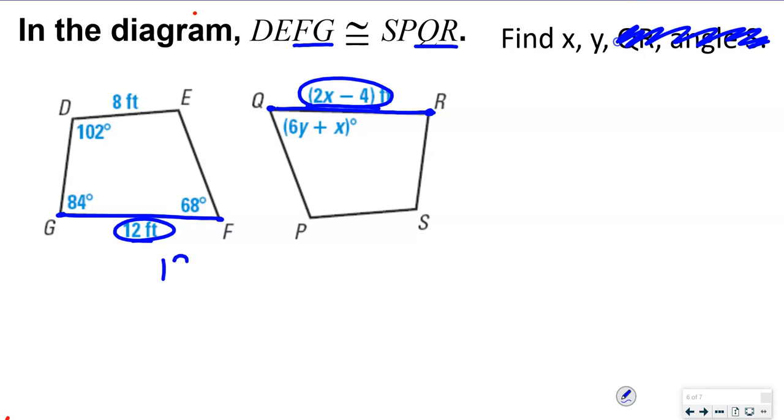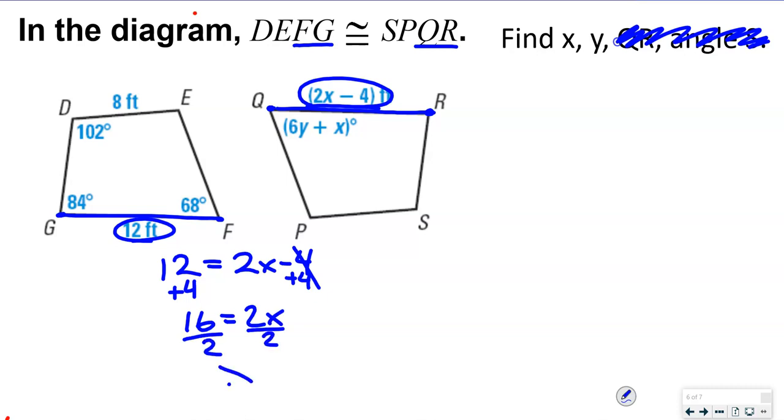So 12 equals 2x minus 4, and we can just solve for x. So add 4 to both sides. It's 16 equals 2x, divide by 2, x will equal 8. So we found x. Now we just need to find y.